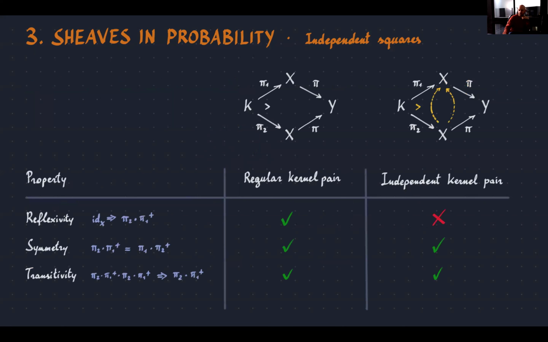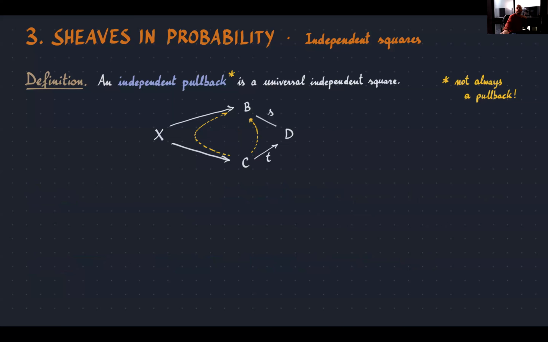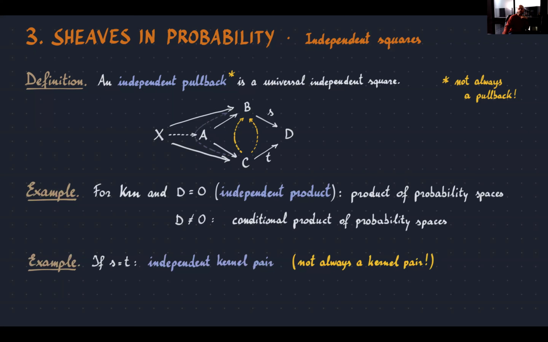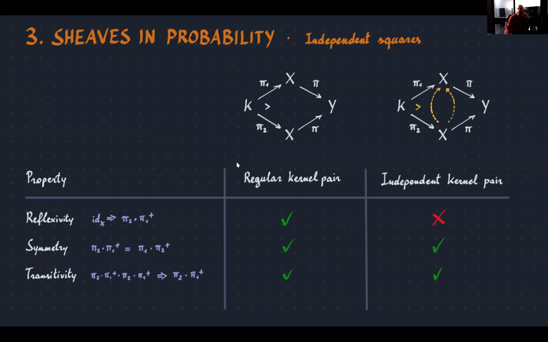The problem with independent kernel pairs is that they are not reflexive as equivalence spans, because if you put the identity here, it does not satisfy this condition, unless your thing is monic. And so they're not an internal equivalence relation.